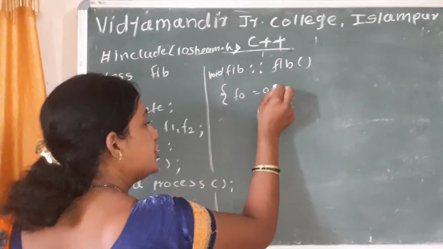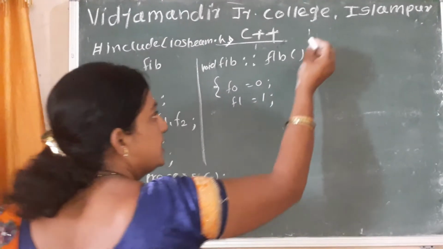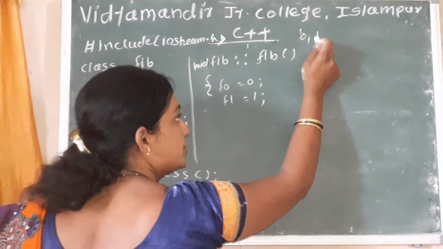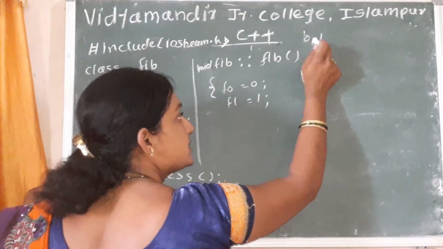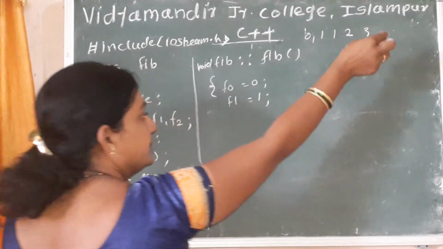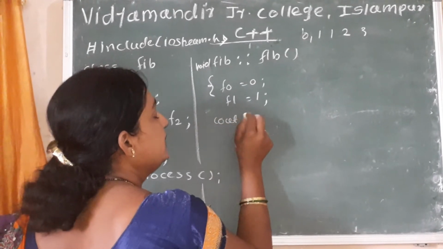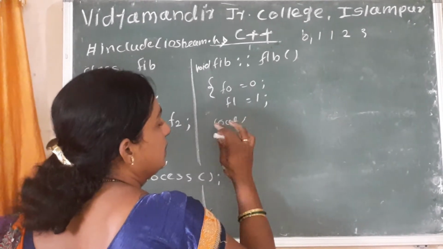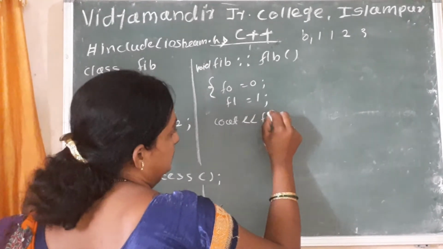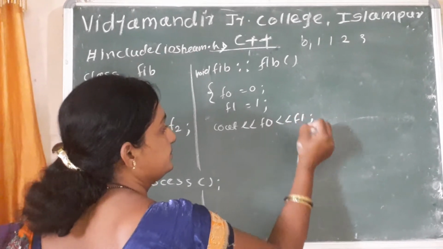F0 is equal to 0, F1 is equal to 1. In the Fibonacci series, the first number is 0, the second number is 1, 0 plus 1 is 1, 1 plus 1 is 2, 1 plus 2 is 3. We want to print these values at once, so we declare F0 and F1.